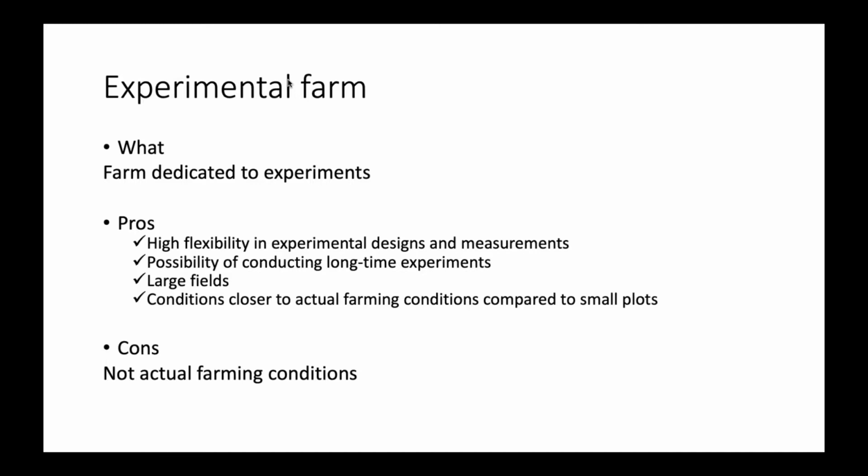And in this type of experiments, the conditions usually are closer to actual farming conditions compared to small plots. However, this type of data suffers from one important limit. Indeed, although an experimental farm is relatively close to an actual commercial farm, it is not exactly the same, and it does not have the same type of constraints, of course.